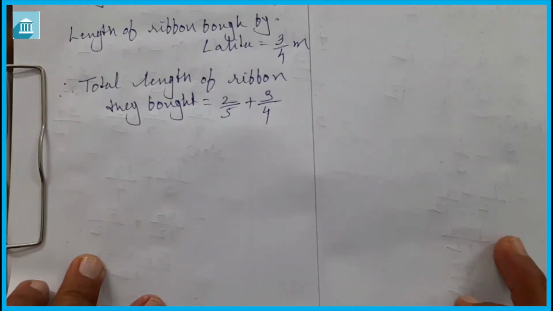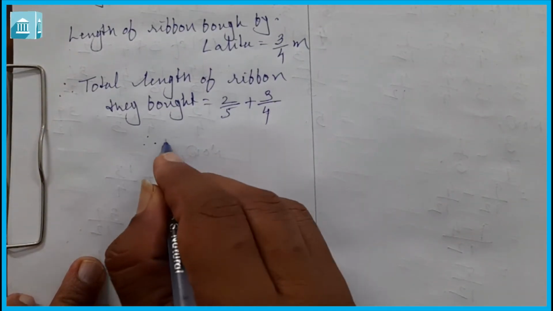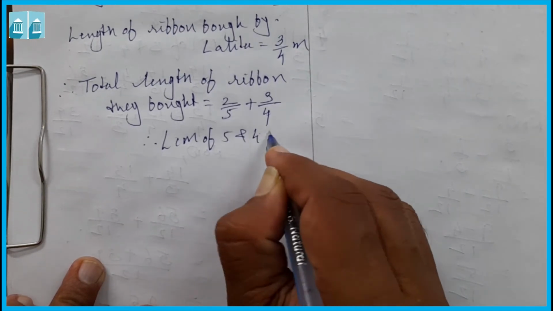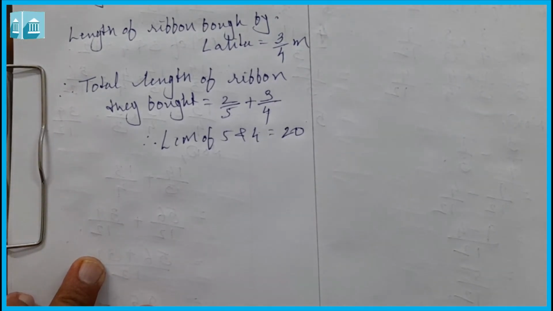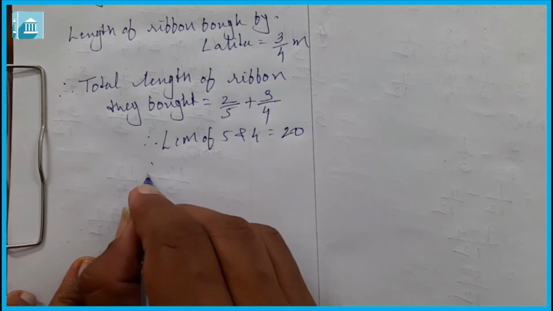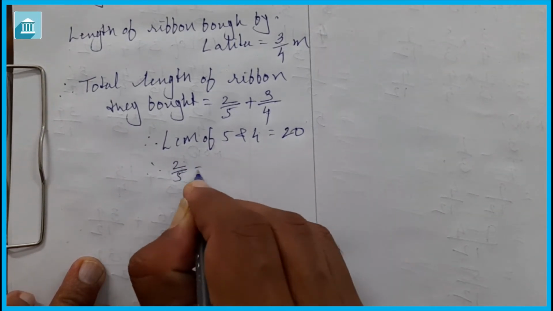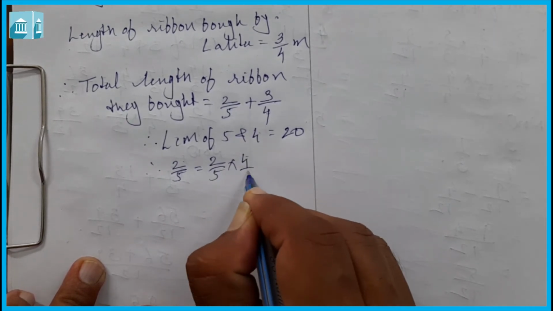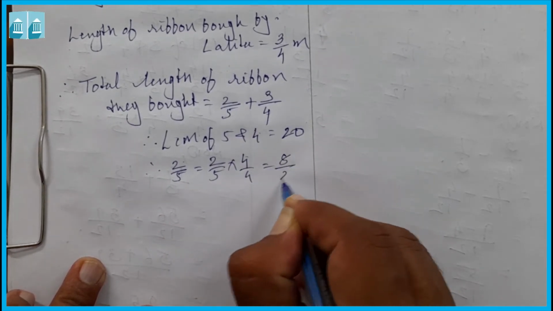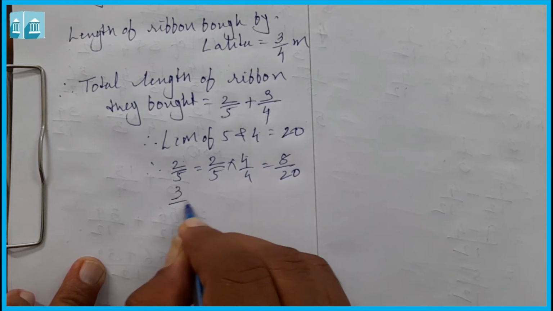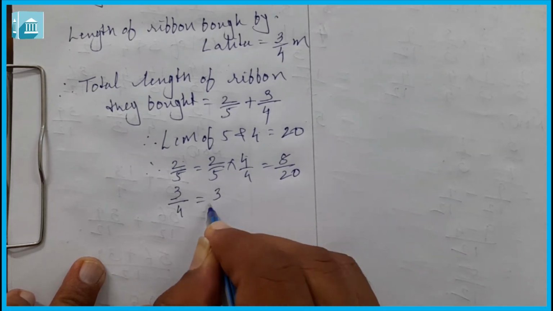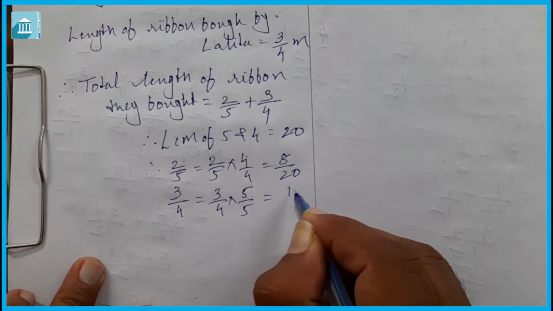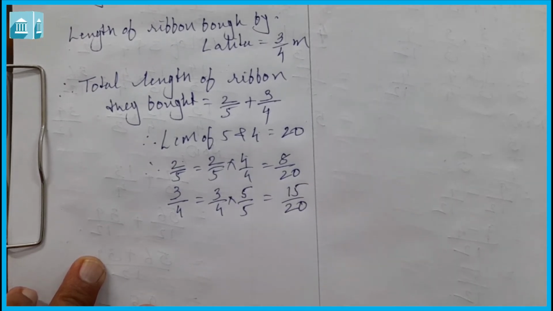Now these both are unlike fractions, therefore the LCM of 5 and 4 is equal to 20. So 2 by 5 is equal to 2 by 5 into 4 upon 4, which is equal to 8 by 20, and 3 by 4 is equal to 3 by 4 into 5 upon 5, which is equal to 15 by 20.